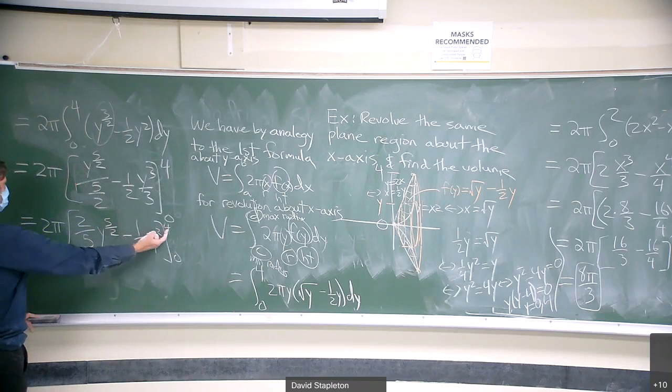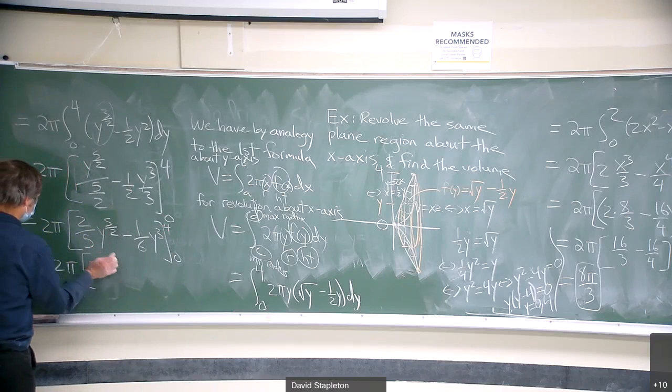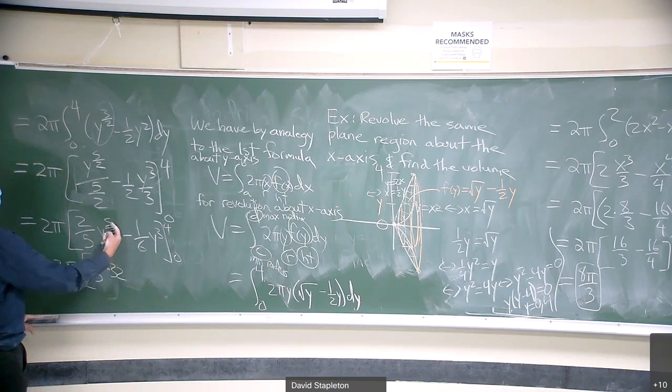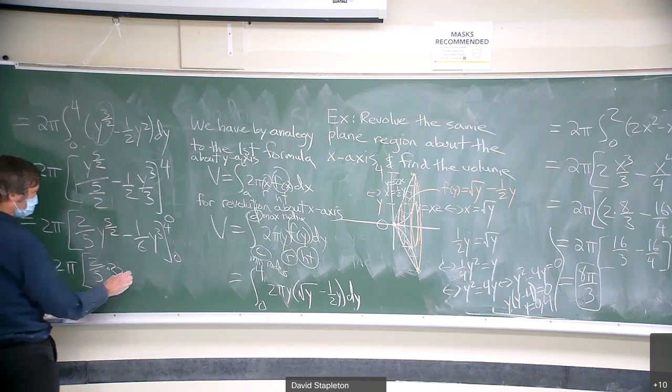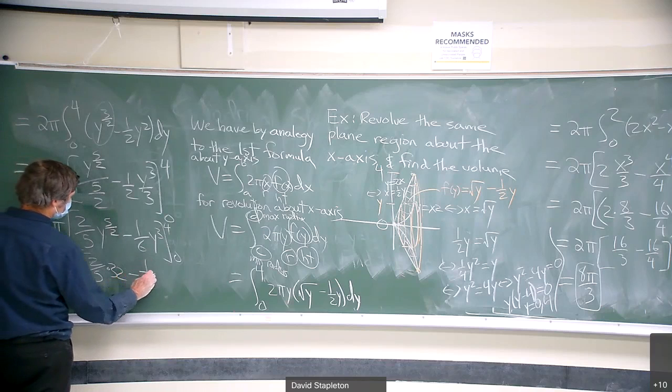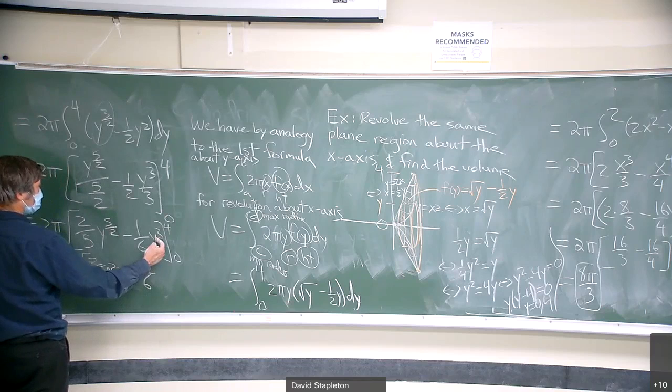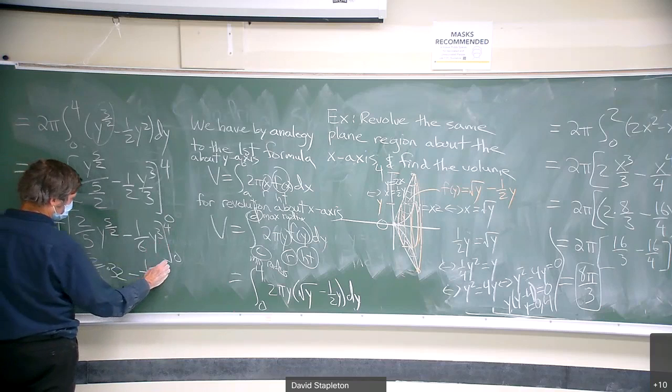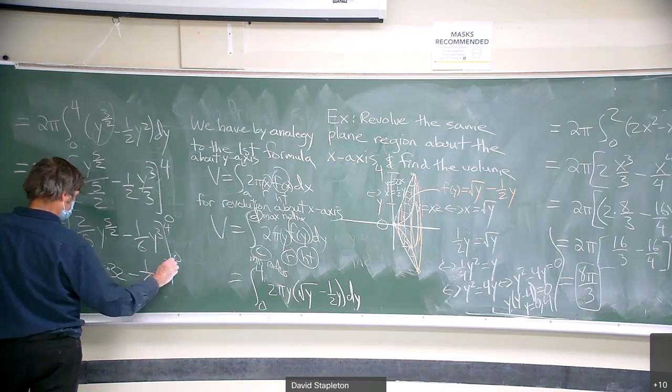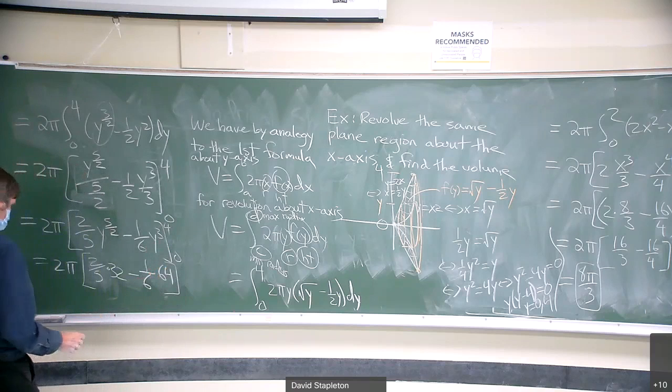Well, 4 to the 5/2: square root of 4 is 2, and 2 to the 5th power is 32. So you take 4 to the 5/2, you get 32, right? 2/5 times 32. And then minus a 6th, 4 cubed is 64. Right? Oops, yeah.